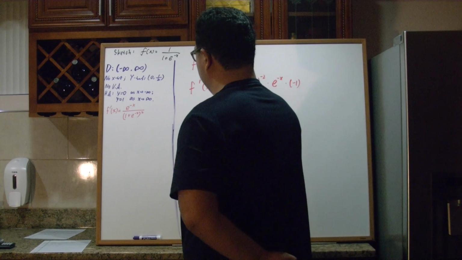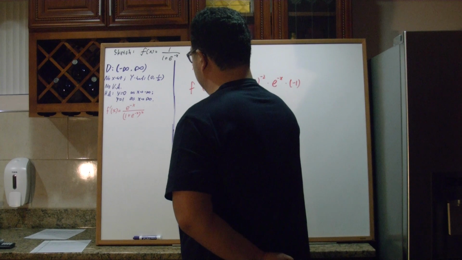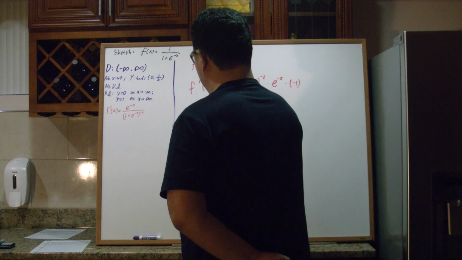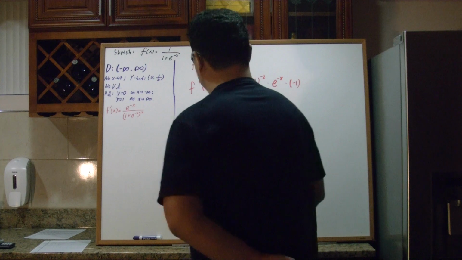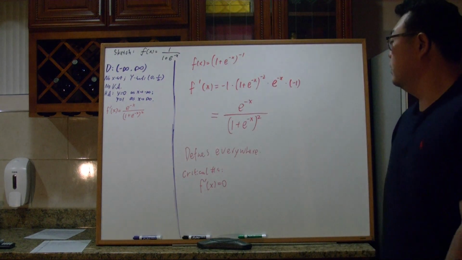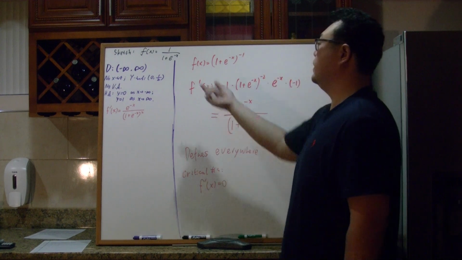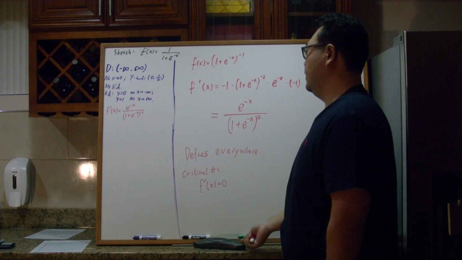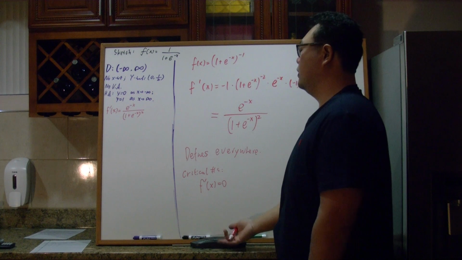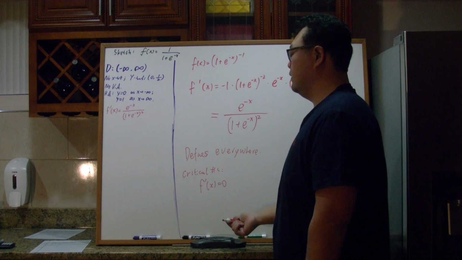So when we find the critical numbers, we just need to solve for f prime of x equal to 0. This function itself is defined everywhere since the denominator is the same denominator we have, so we don't need to specify or solve more things. We just say defined everywhere.